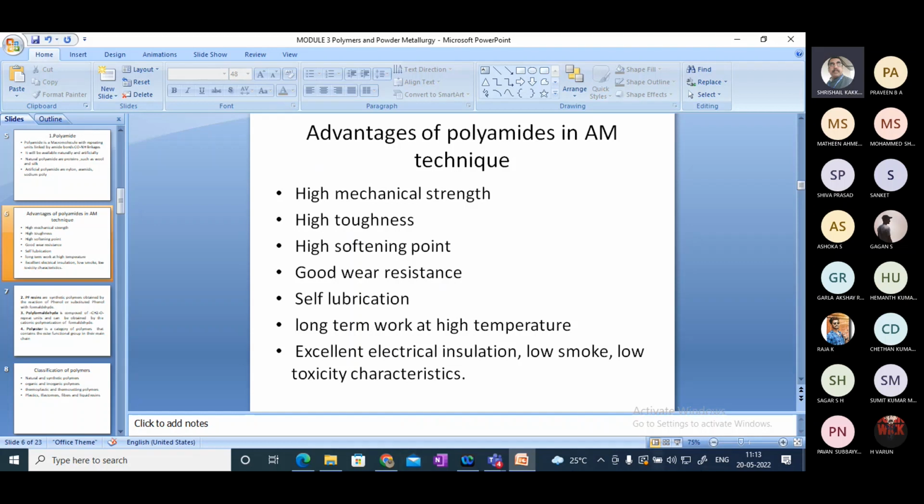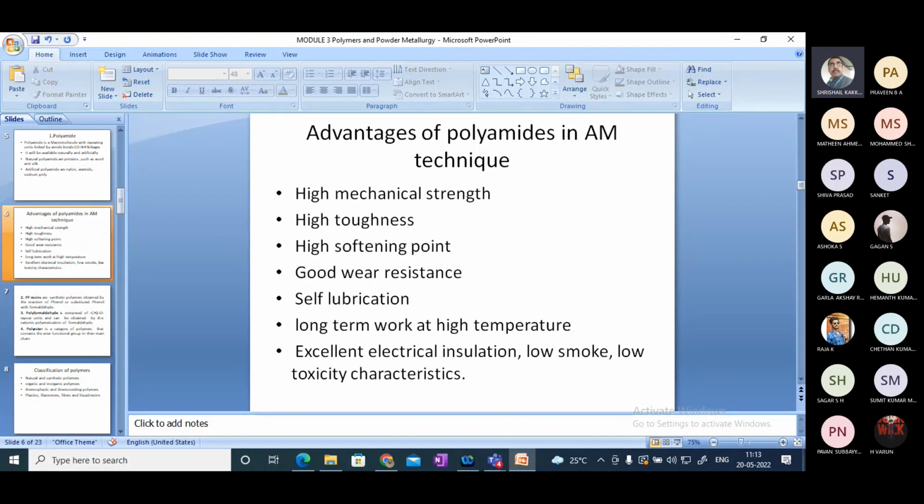There are two types of this one, physical prototype. That means prototyping that we are going to use directly for physical operations, and the look prototype, which will not have many applications other than in the design process. These polyamides have very good mechanical strength.